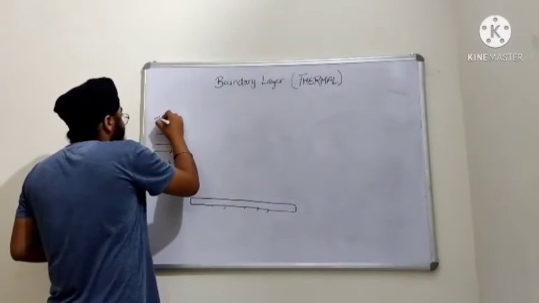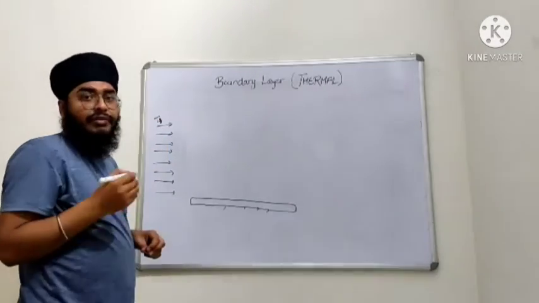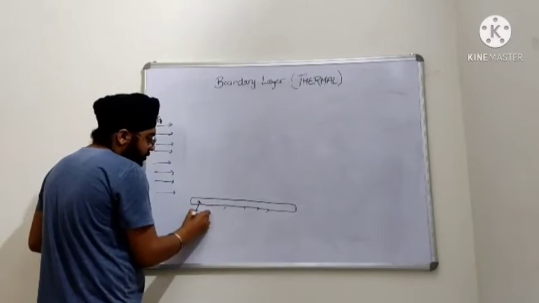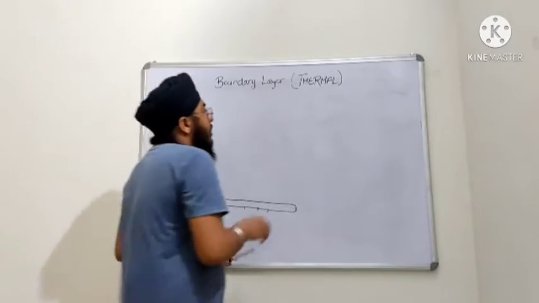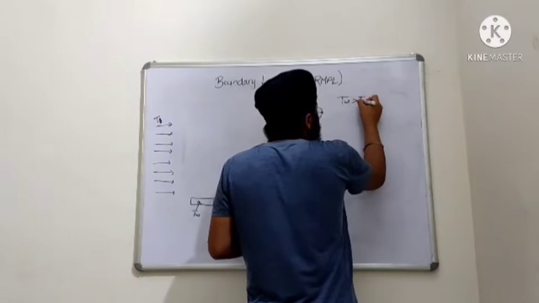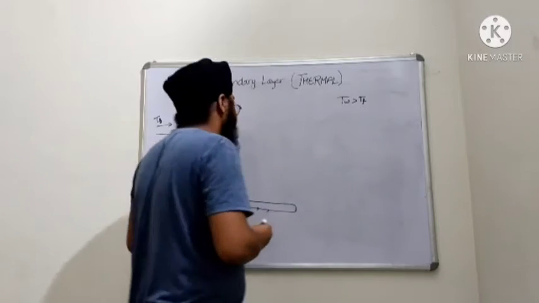Let us say the fluid is at a temperature Tf, temperature of fluid, and this surface is at a temperature Tw, temperature of wall or surface. Let us assume that Tw is greater than Tf.